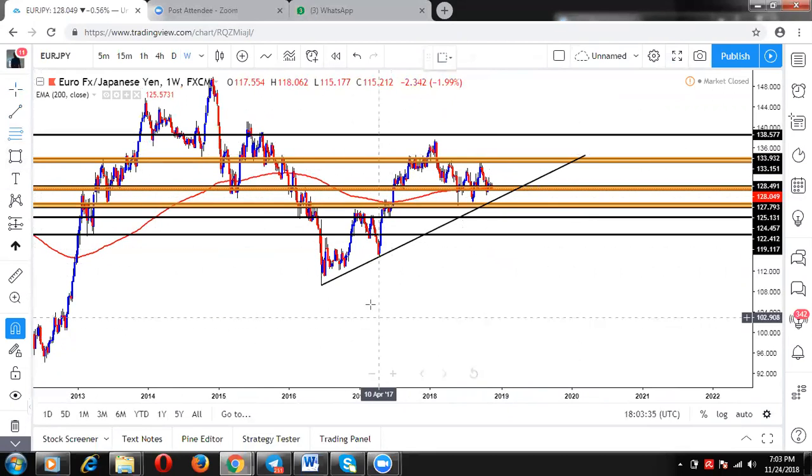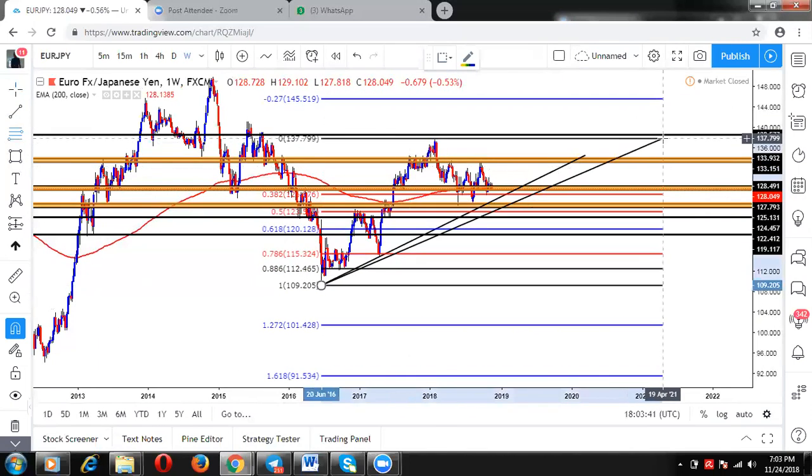So I use Fibonacci, so I'm going to check my Fib on the weekly and see where this is at. For me, I can see it bounced up from 78, went up, and then came back to in between 38 and 50%.